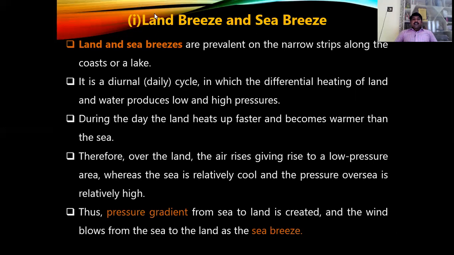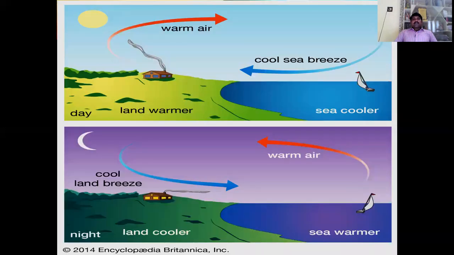Therefore, over the land, the air rises, giving rise to a low pressure area, whereas the sea is relatively cool and the pressure over the sea is relatively high. Thus, a pressure gradient from sea to land is created, and the wind blows from the sea to the land as the sea breeze. The figure on the screen at the top shows the sea breeze.